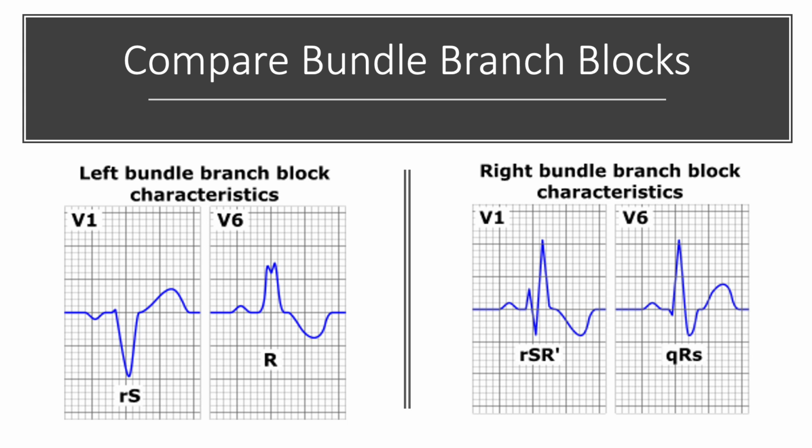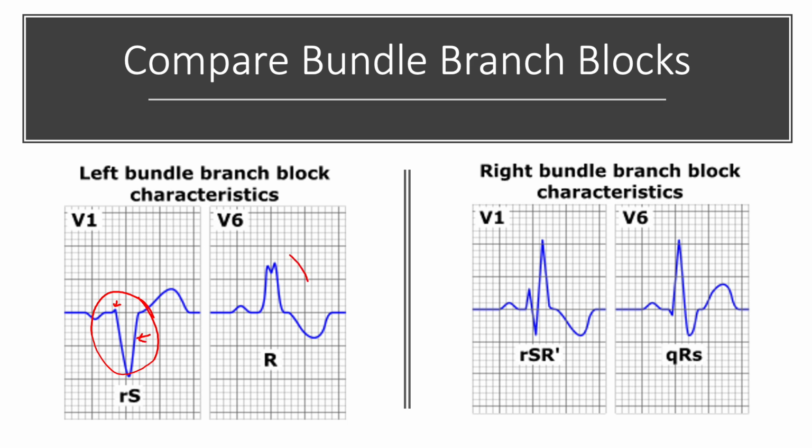Again, this is only if you have a prolonged QRS, making you concerned that there is a conduction delay, that you would be looking for these characteristics. So you can see here on the left bundle branch block, I have a predominantly negative QRS complex. So I've got a tiny little R right here and a giant S right here.